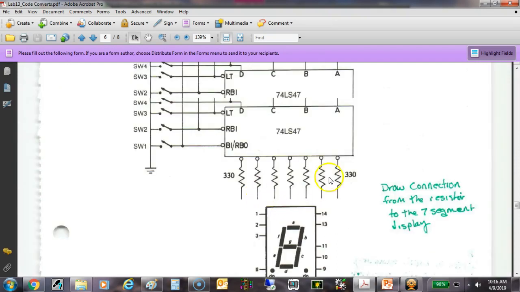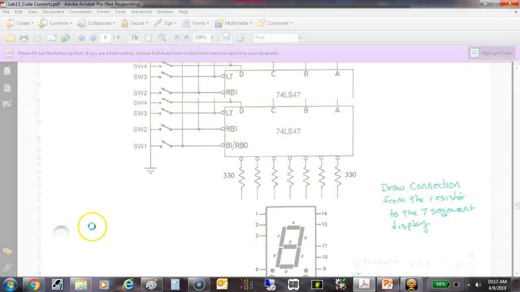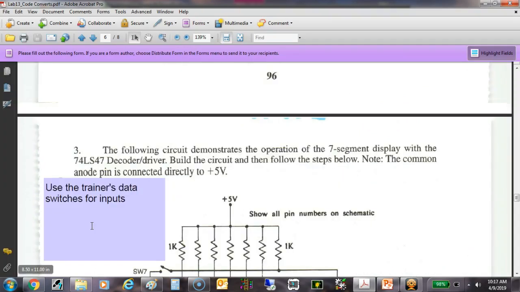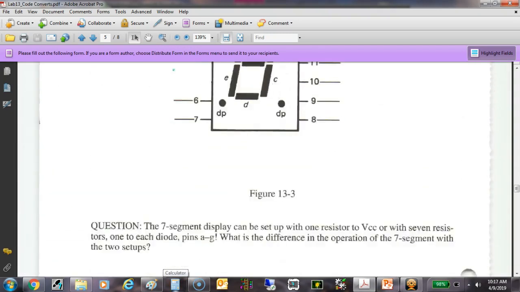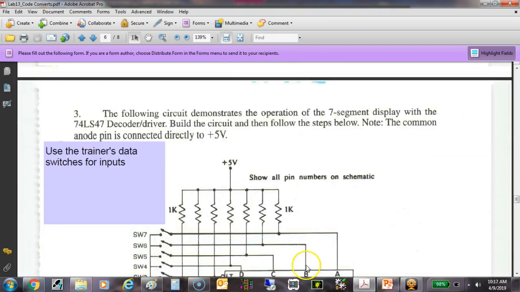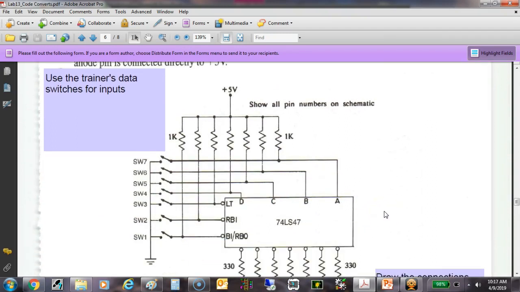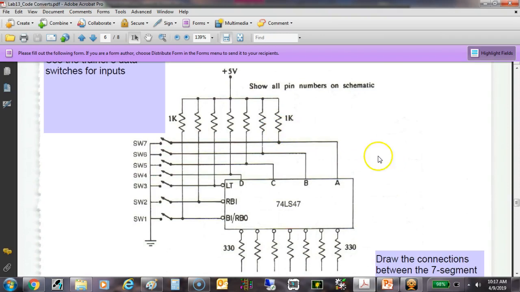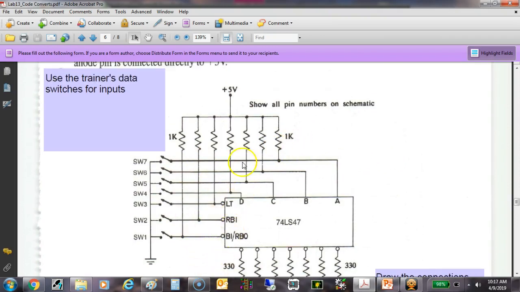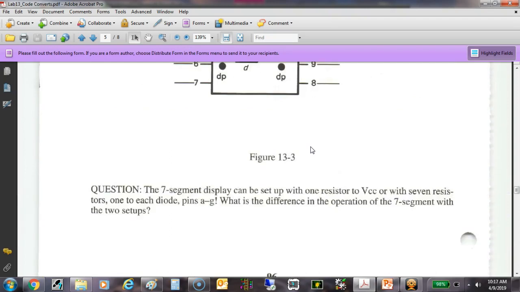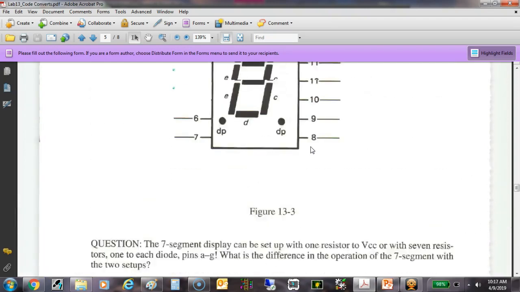First of all, a 7447 takes a binary number and automatically converts it to what's required to drive a 7-segment display. We're not going to hook this up because this is inside the trainer. But let's go back and discuss a 7-segment display.